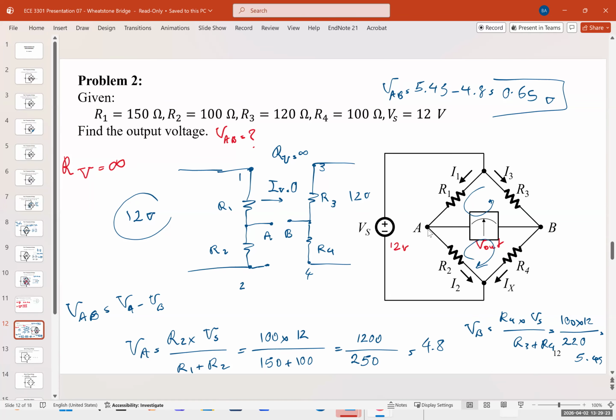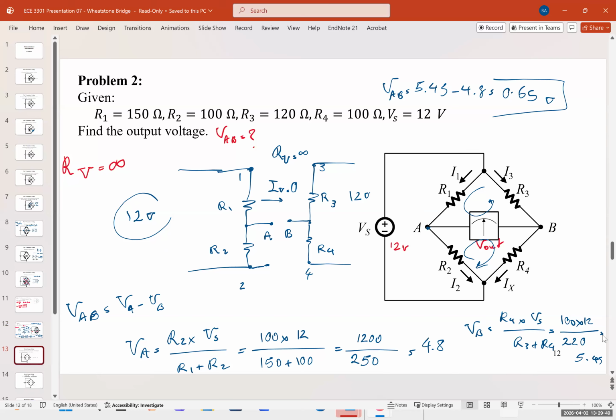Another way is to find just the currents, I1 and I2. So there are multiple ways to solve this, but the easiest way is just to use the voltage divider. Okay. Do you have any questions about this one?